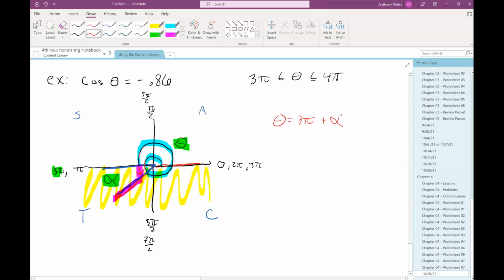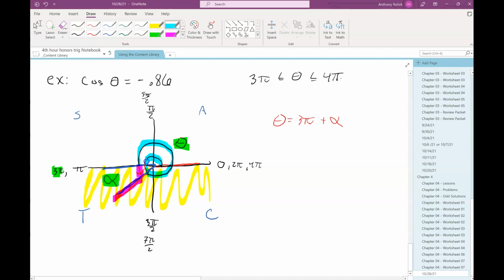Did you do it differently, where you put it into a smaller thing, pi plus alpha, and then add 2 pi afterwards? Same thing. Yep, same thing. How did you form that function, where theta equals 3 pi plus alpha?